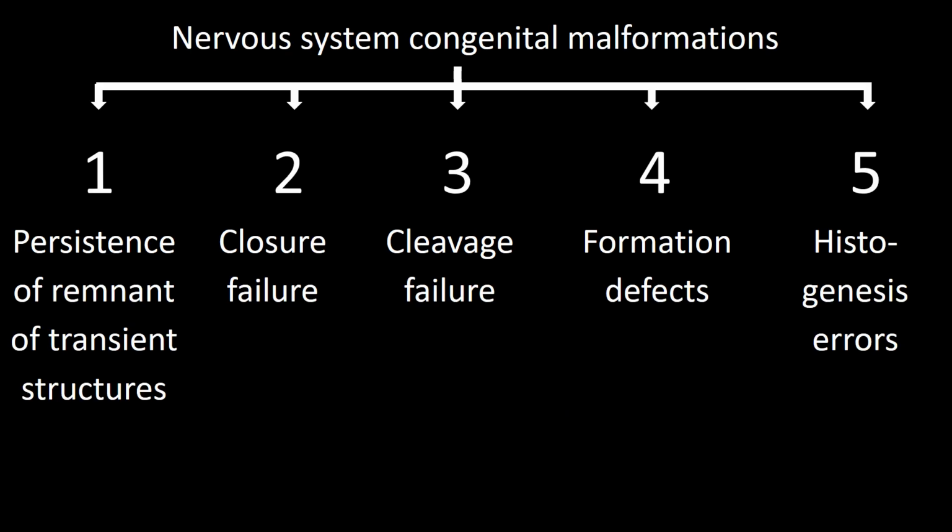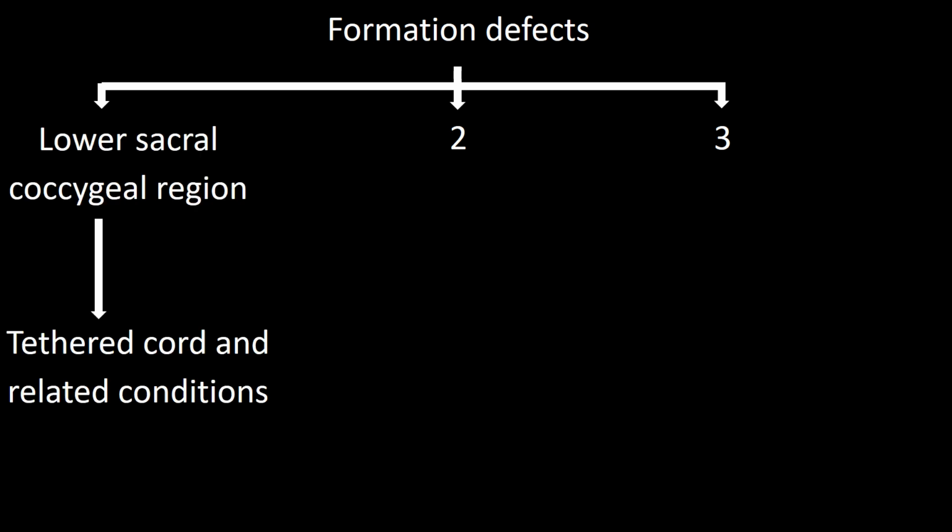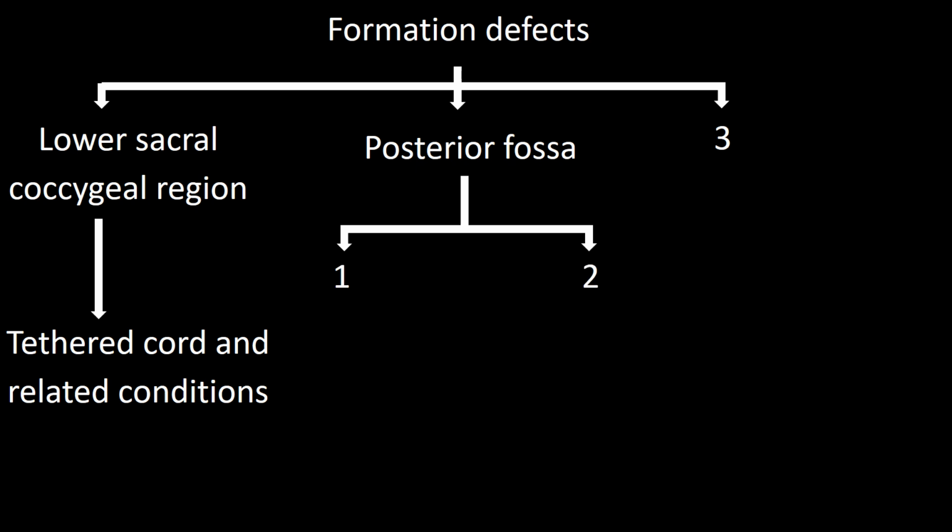Going back to the major types of nervous system congenital malformation chart, we can see that after cleavage failure, the fourth major type of nervous system malformation is formation defects. Formation defects are of three types based on anatomical localization. Those involving the lower sacral coccygeal region, among which we have tethered cord and related conditions. The second type is posterior cranial fossa formation defects. Posterior cranial fossa formation defects can be divided in two types.